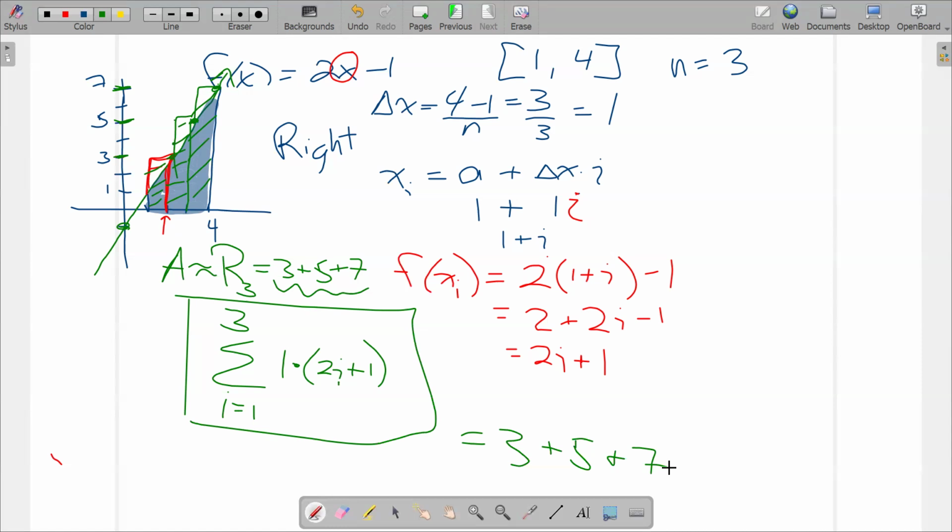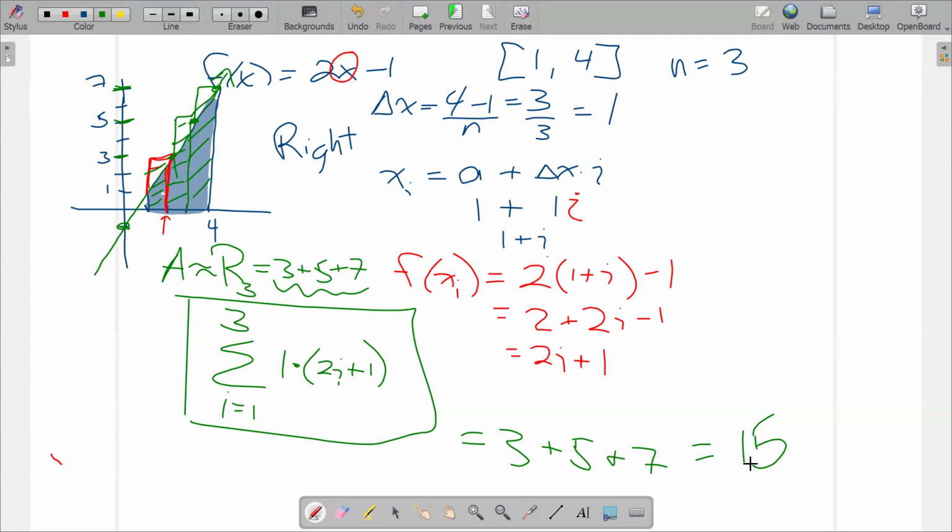So again, this one's not that bad. I can see that the area is 15 for the 5th right-hand rectangle approximation. Is that reasonable according to the picture? Yeah, the area is actually a trapezoid. Right?